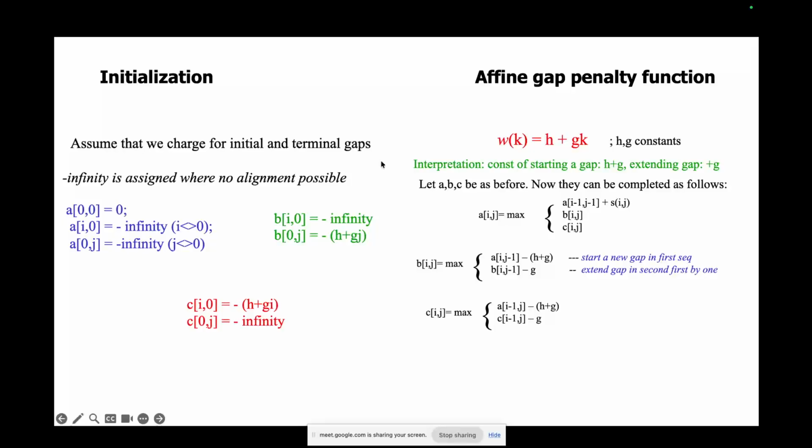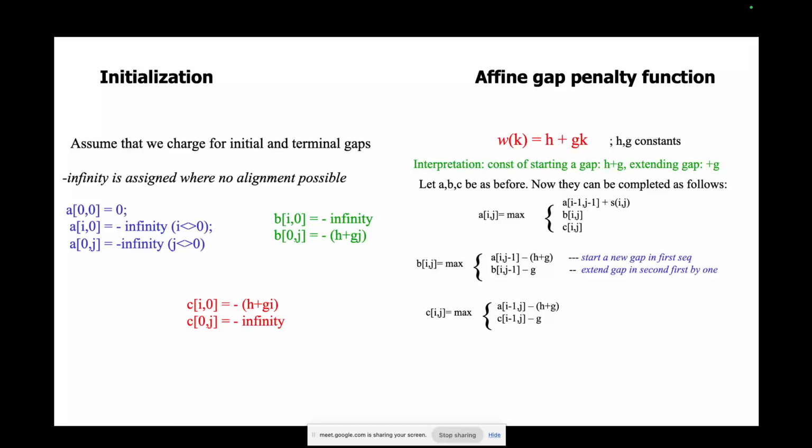And then you can have different affine gap penalties. This is basically the linear function, because your gap penalty is scaling linearly with the length of the gap itself. In some cases, you can have a logarithmic scale.